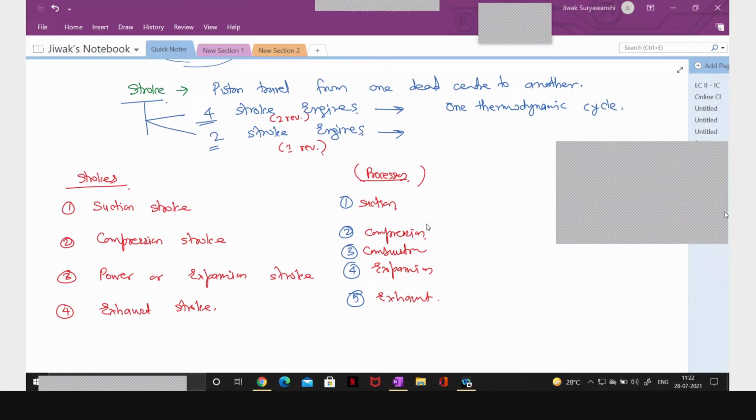Correct. Very good. Now see, those who are not very clear about this, you understand. What is the suction stroke?